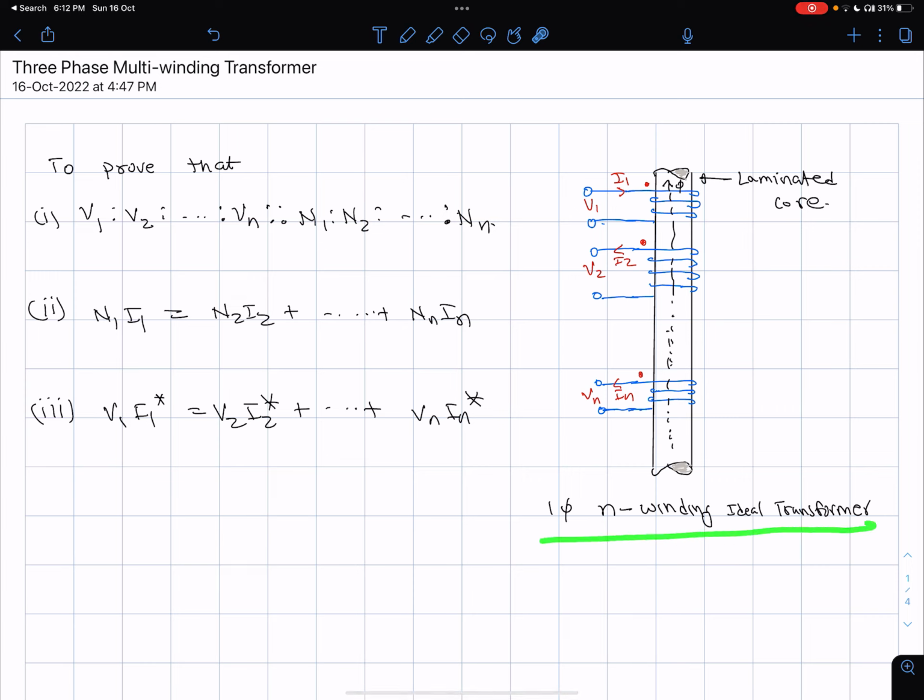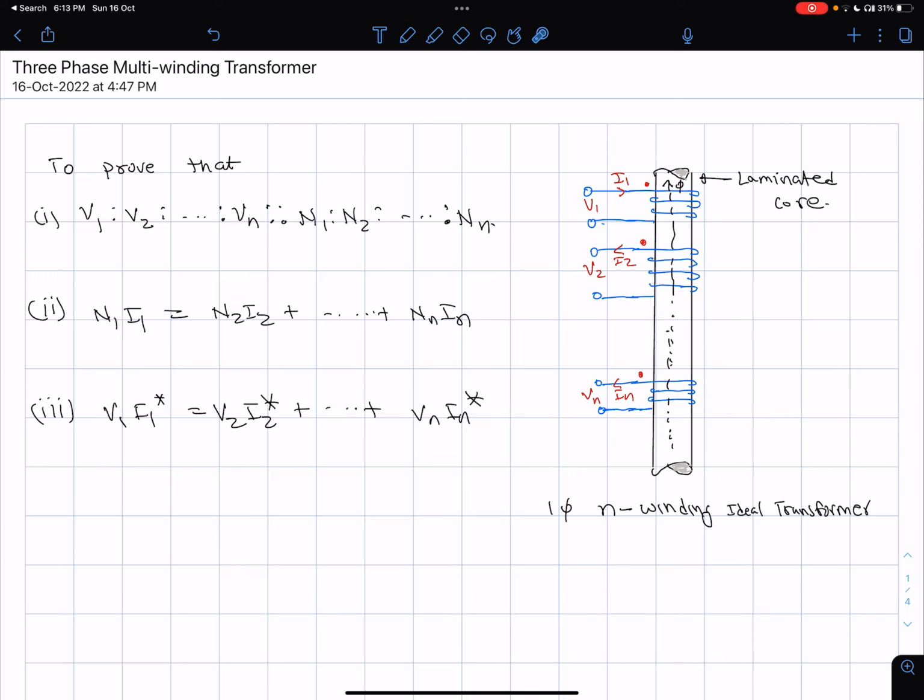So here in the figure, I have shown you a single phase n winding transformer. So the cross section of that laminated core is shown here, and on this is winding one, winding two, and the last winding, and in between are the other intermediate windings, the n windings put all together.